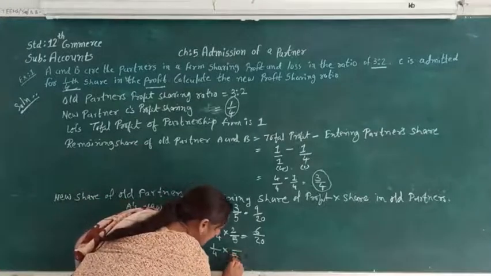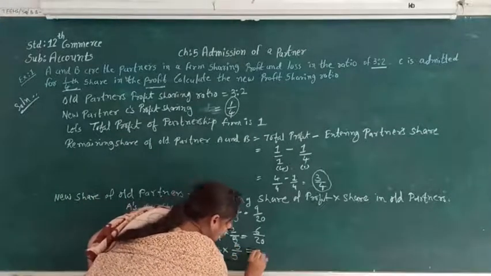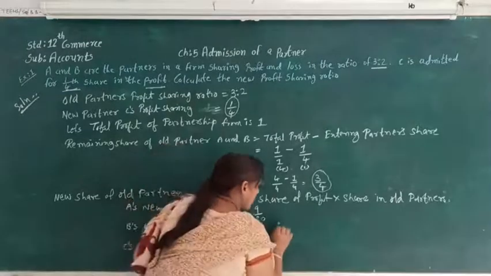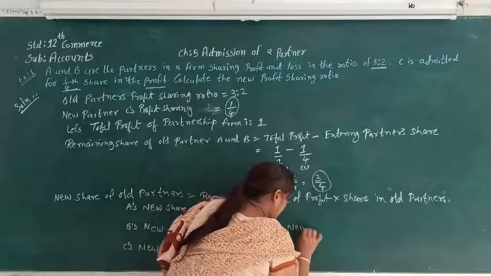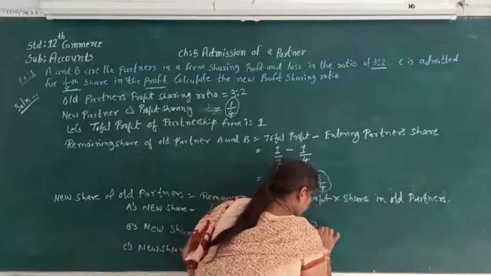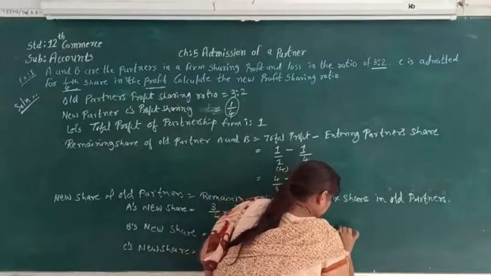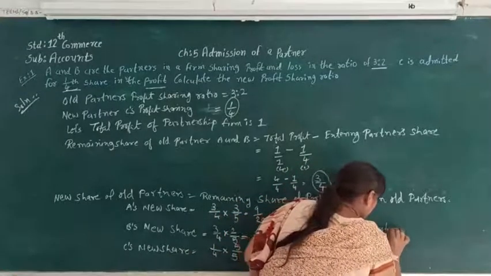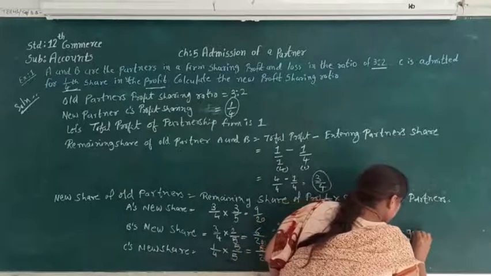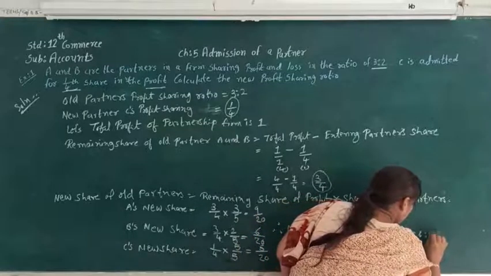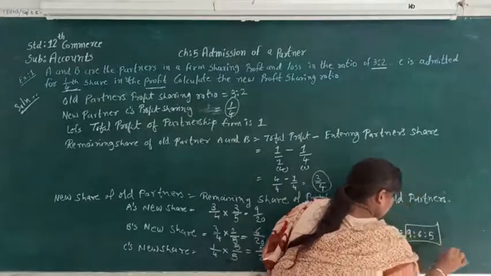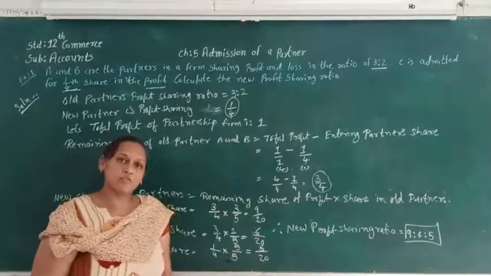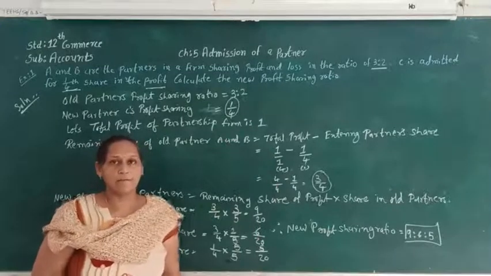Here 5 4s are 20 and 5 1s are 5. Therefore the new profit sharing ratio is 9:6:5. So this is our answer. You may note this down in your notebook. Then we are going to see the next example.